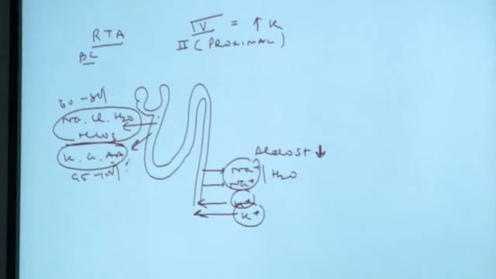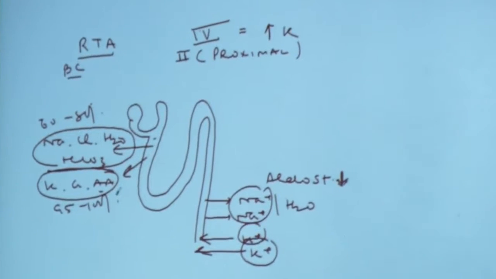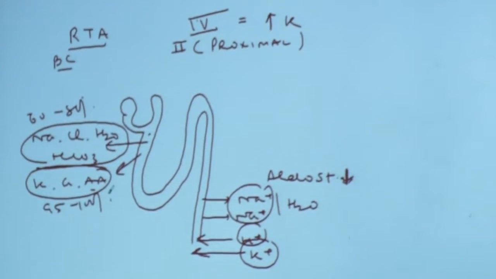Sodium, chloride, water, bicarbonate are reabsorbed about 60 to 80%. Potassium, glucose, amino acid are absorbed around 95 to 100%, almost complete absorption. Got it. This is normal.